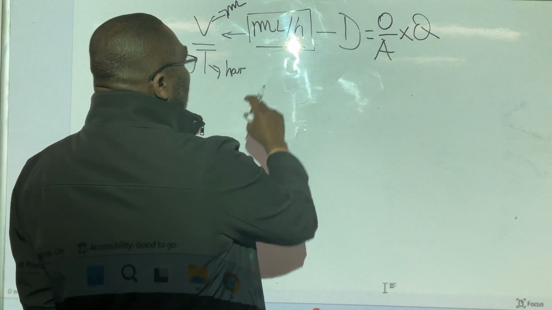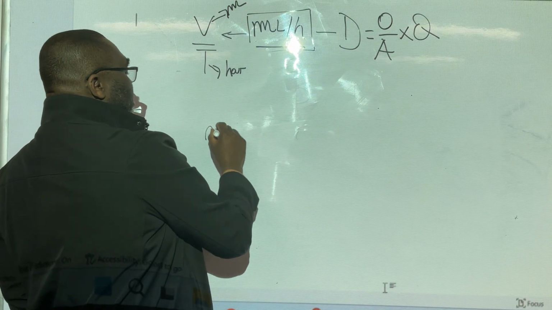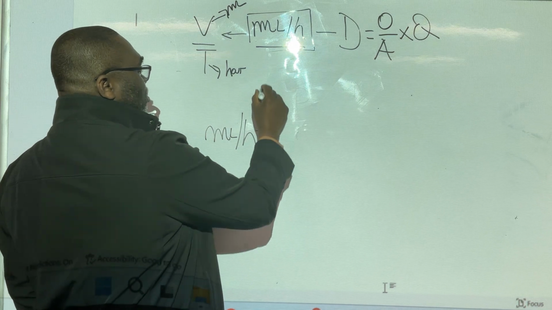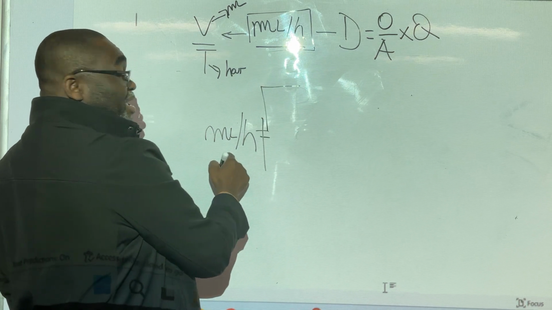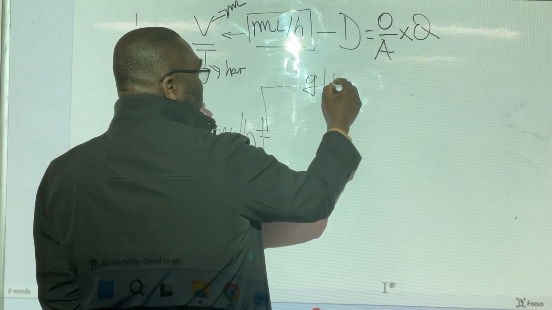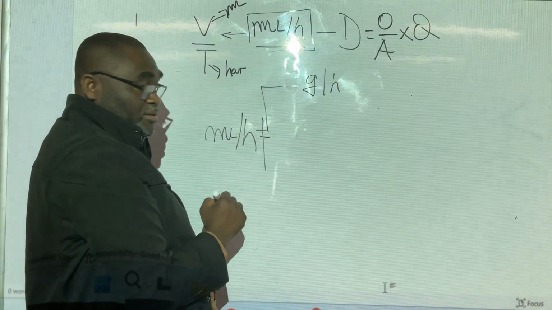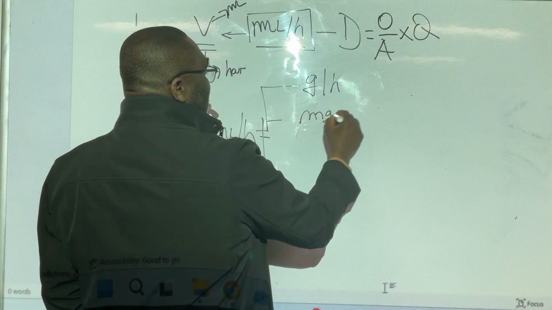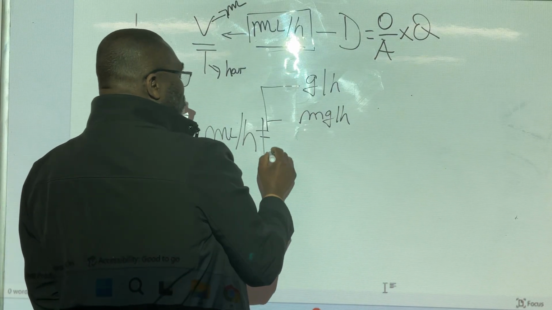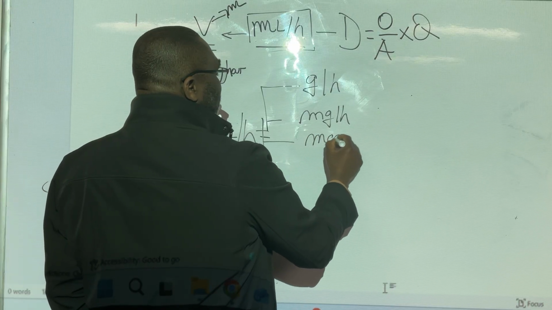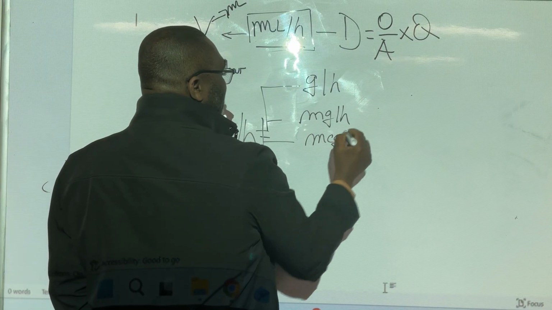But don't confuse milliliter per hour with gram per hour. It's not the same thing. Do not confuse that with milligram per hour. Do not confuse milliliter per hour with microgram per hour.